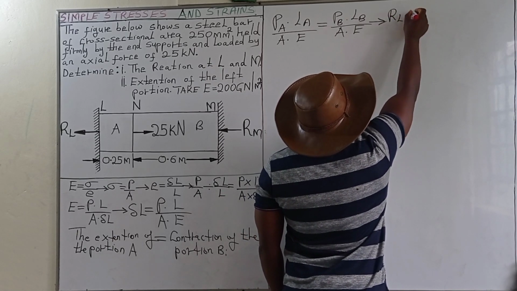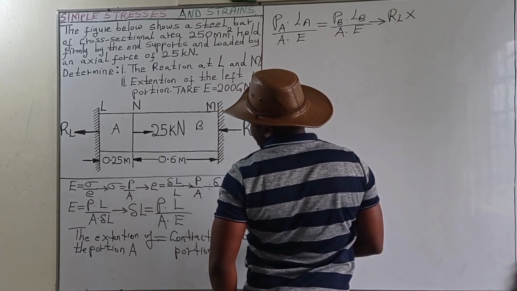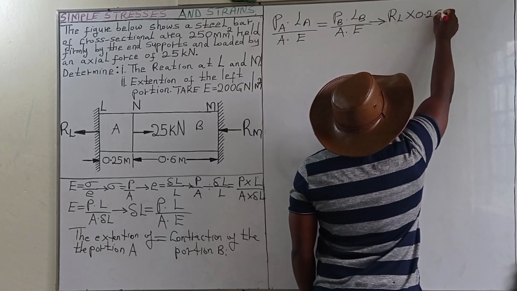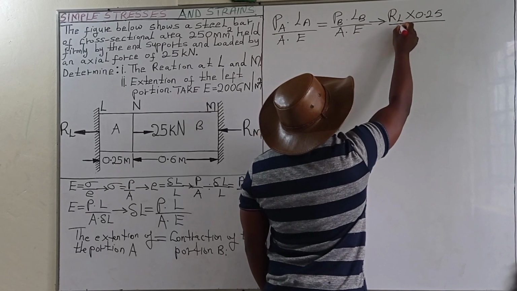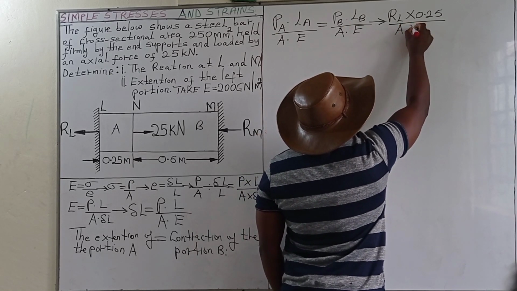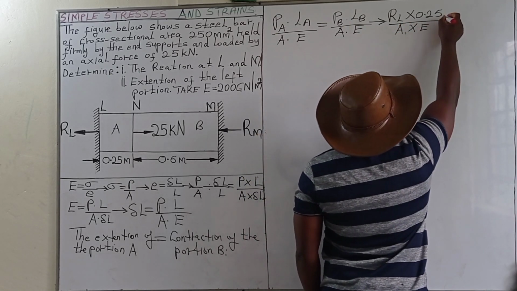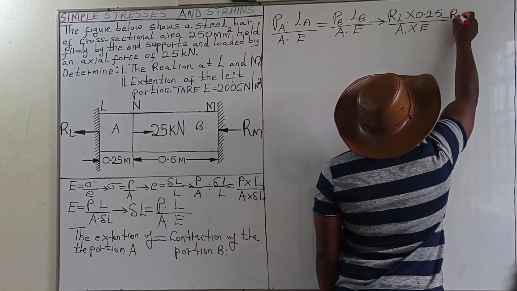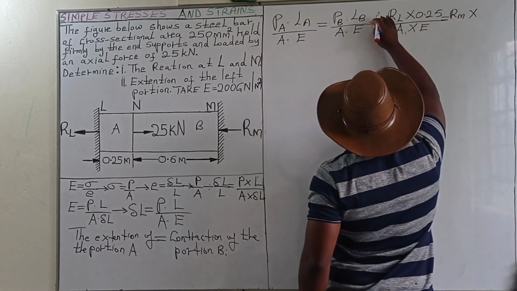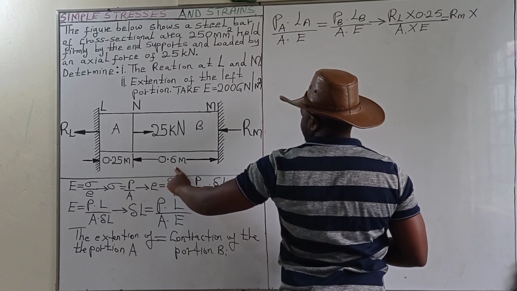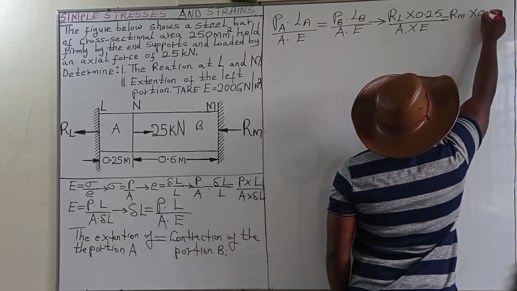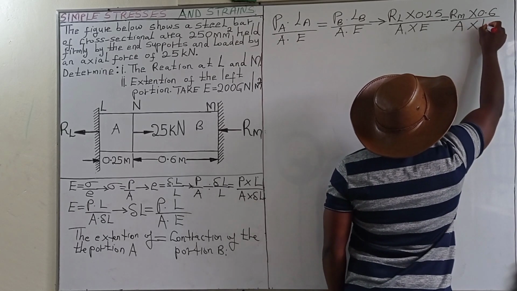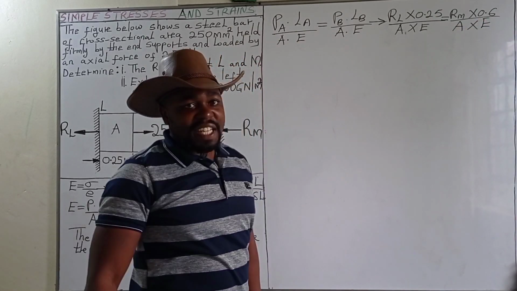The reaction L times the length of the portion A, which is 0.25 meters, divided by cross-sectional area of the steel bar times the Young's modulus of elasticity of steel equals PB, which is reaction at M, times the length of the portion B, which is 0.6 meters, divided by cross-sectional area of the steel bar times the Young's modulus of elasticity.